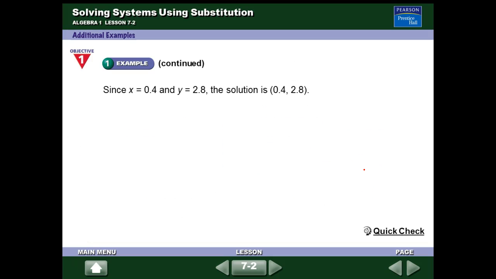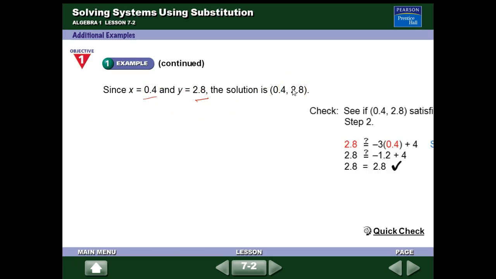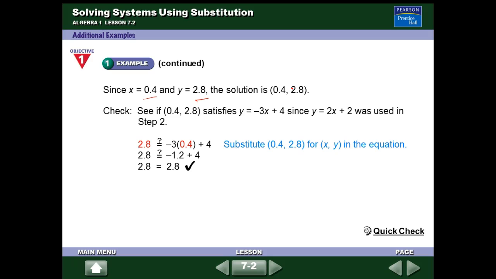Step 3 involves checking. So we said 0.4, 2.8. There's my solution, my ordered pair. We can check it by plugging in. This is one of my equations from my system of equations. Here's the other.